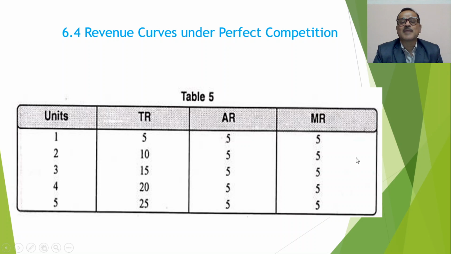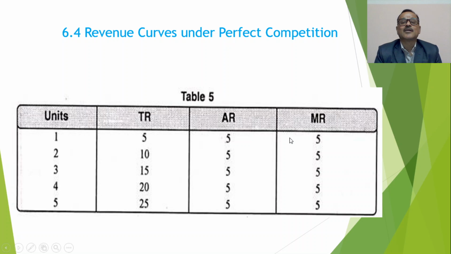So MR is 5 in all units of goods and AR is 5 in all units of goods, but TR is increasing constantly at the same ratio. So in perfect competition, when TR increases at a constant ratio, AR and MR remain constant.